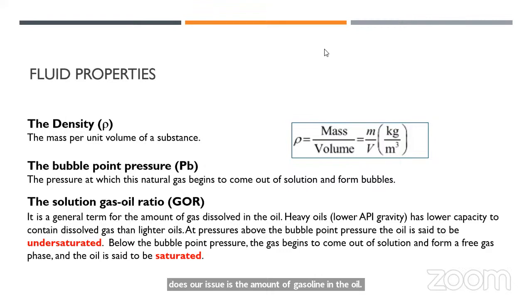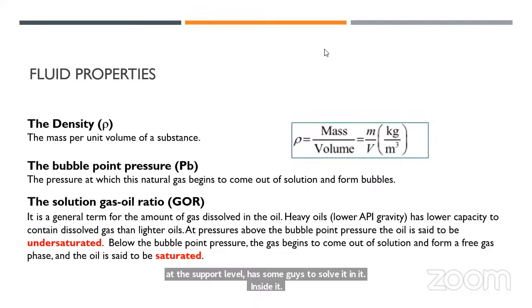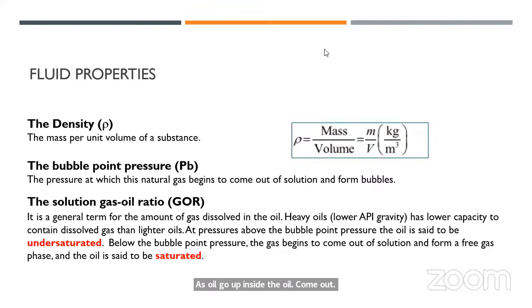So at the reservoir level, oil has some gas dissolved inside it. As oil goes up inside the wellbore, gas comes out. So the solution gas oil ratio is the amount of gas that is dissolved.